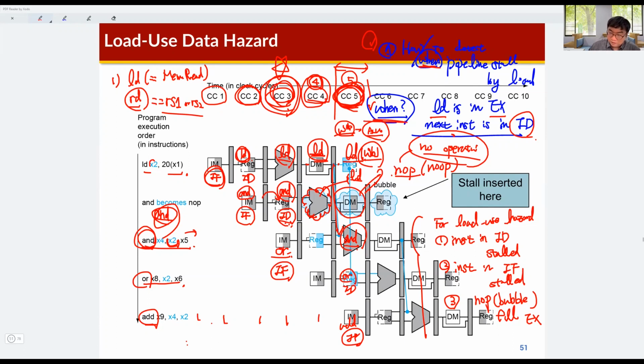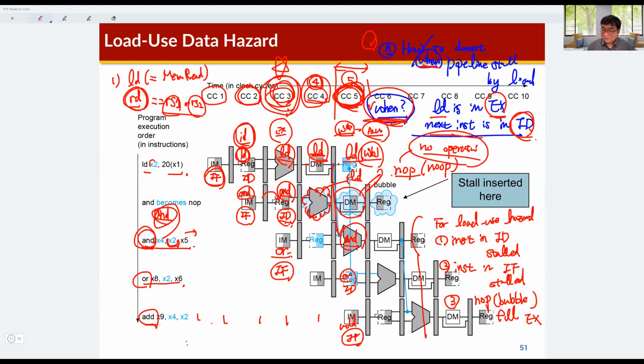So I said, when the load instruction is in the EX stage and the next instruction is in the ID stage, we need to check RD in which stage? EX stage. And RS1 or RS2 in which stage? ID stage.